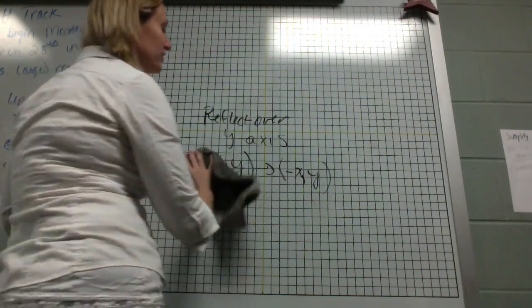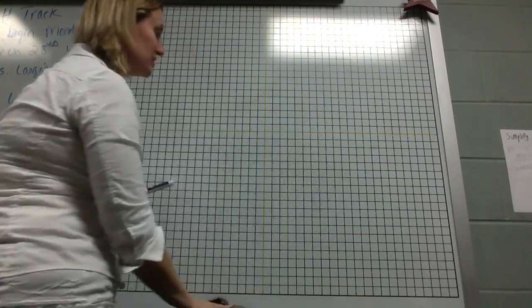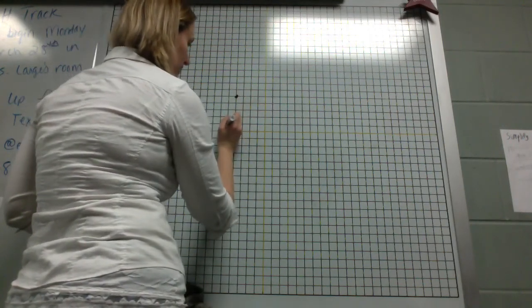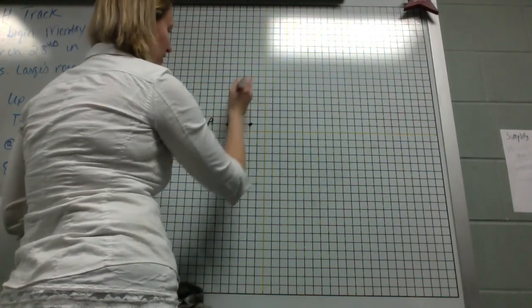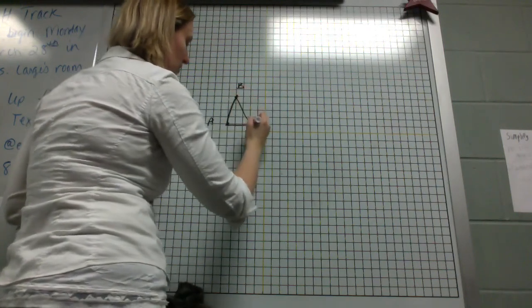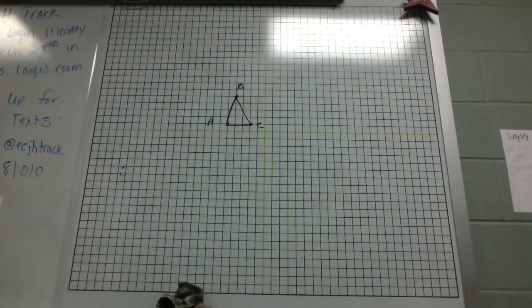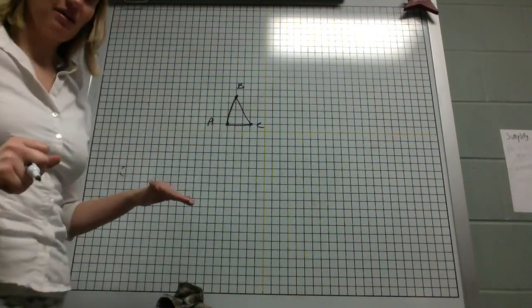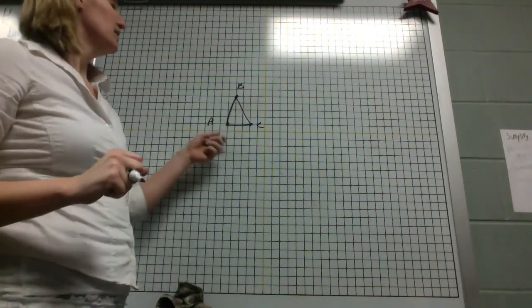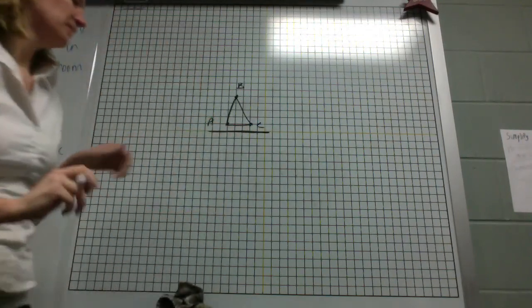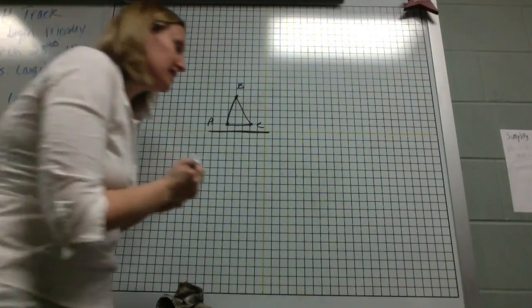Now, if I need to reflect more than one point and reflect a triangle, for example, A, B, C, you are simply going to do the same thing that we did. So I'm going to reflect this over the x-axis. I'm going to do the same thing that I did when it was one point.